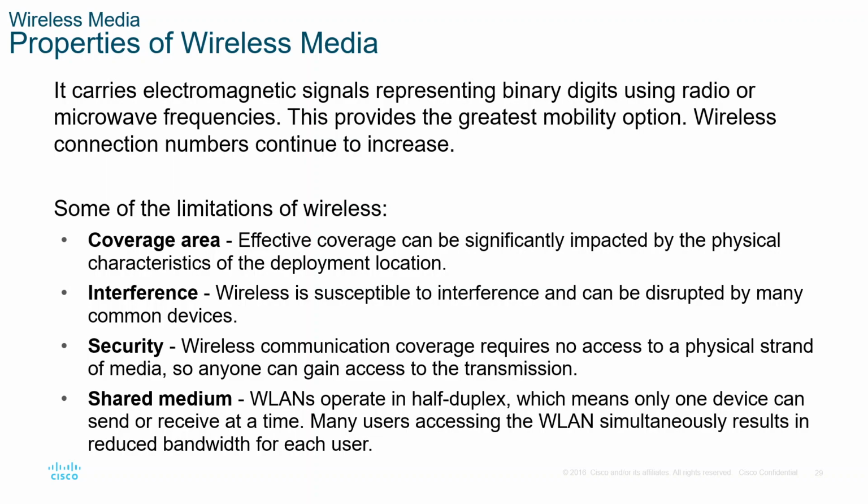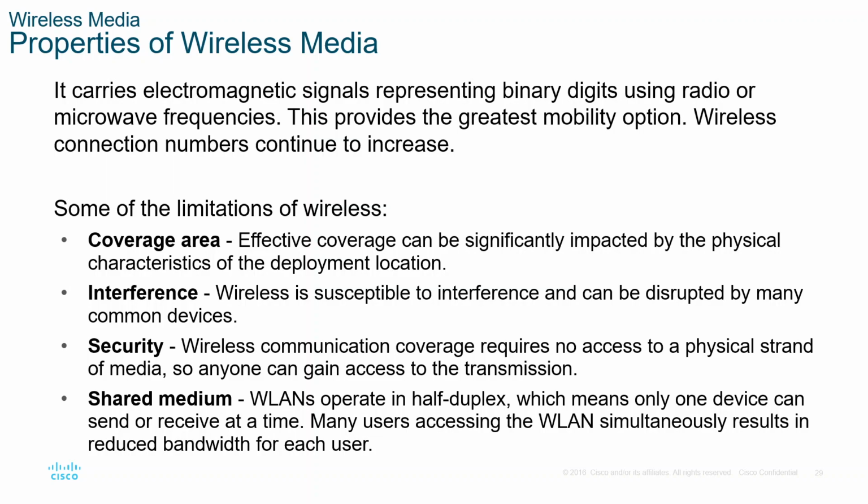The problem with the wireless media is the coverage. It cannot cover a large area. It is also susceptible to interference, meaning the signal can be interfered by other signals, other wireless networks, even microwaves, right?